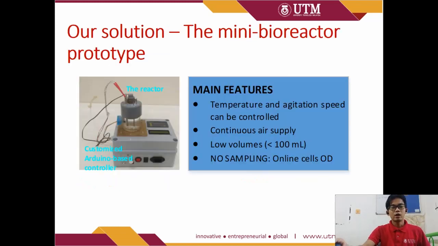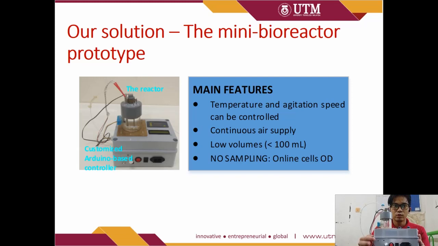From there, I want to introduce you to our solution to the problems faced by the researchers. Here with me, I brought you our solution, which is the mini bioreactor prototype. The features of this prototype are that it is equipped with temperature sensor, Hall effect sensor, and also turbidity sensor, and also actuators, so that the temperature and agitation speed can be controlled.